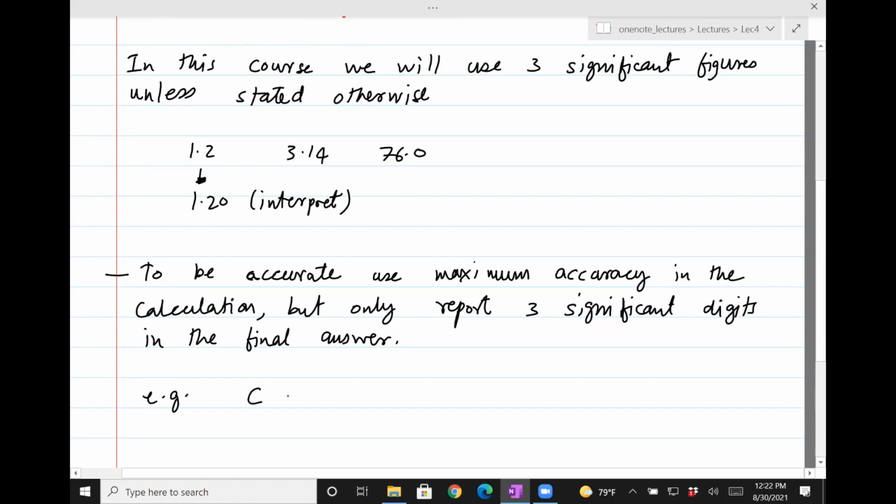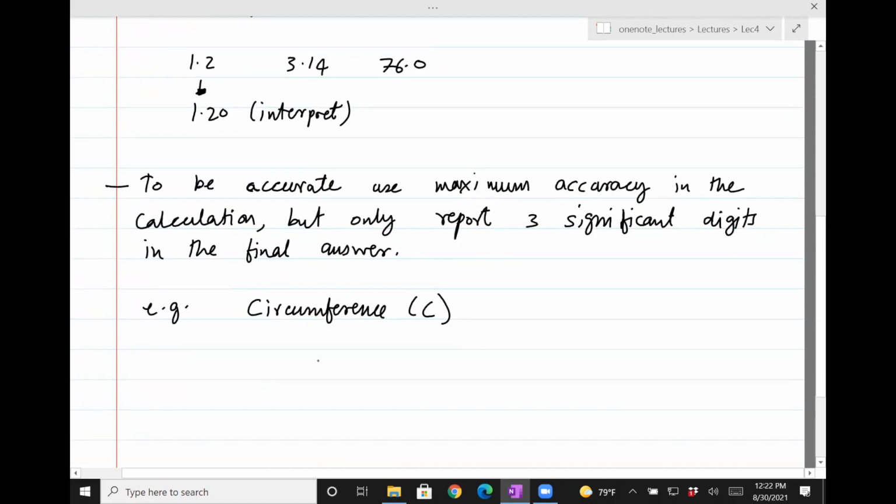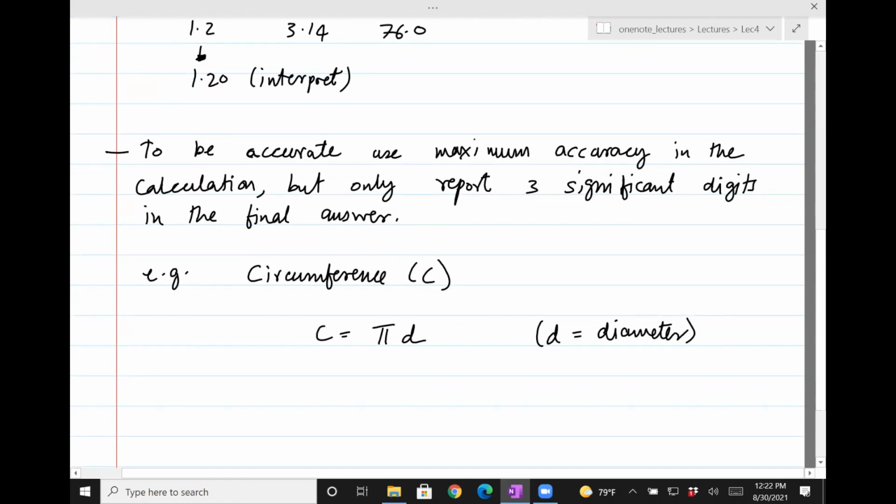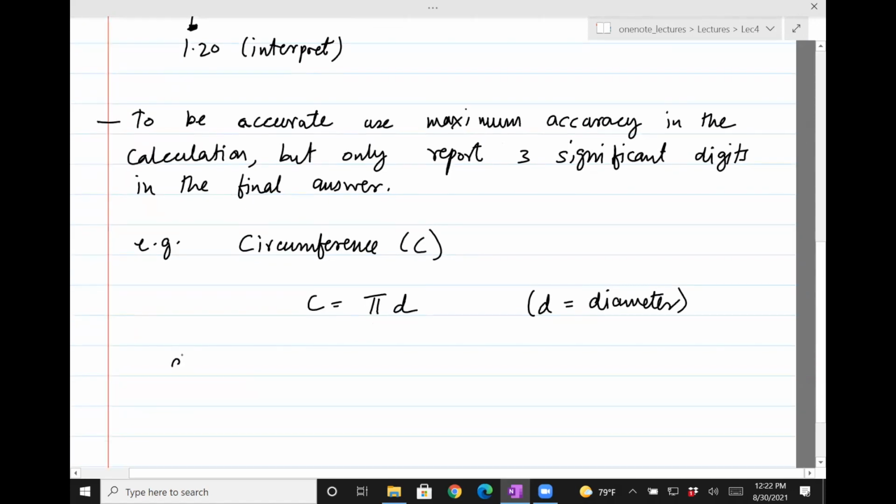Okay, so an example is this. Now we know the circumference of a circle is given by pi times the diameter. Now let's do this calculation in two ways. First let's choose a diameter. Let's say it's 0.4 millimeters.